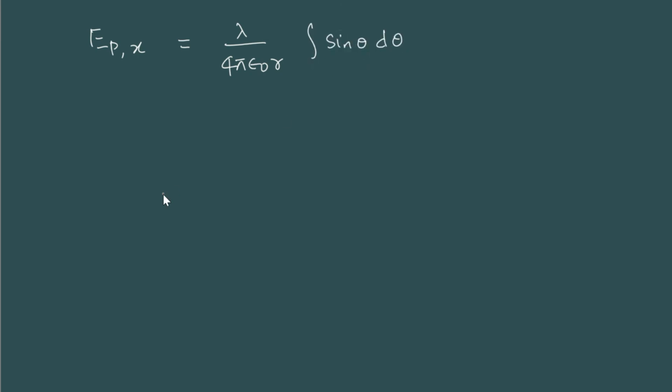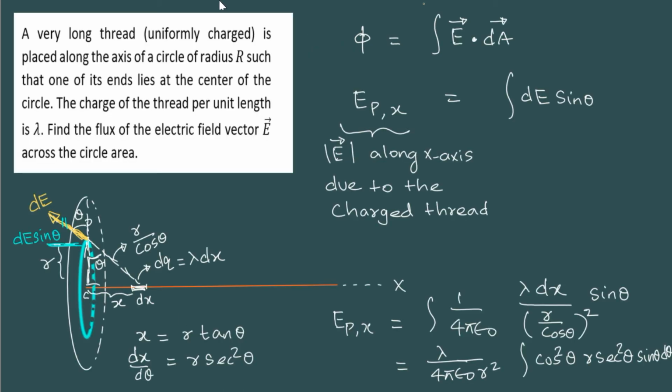So what will be my limits of integration? Let's think about it. My first piece of the thread starts from here, and the last piece is somewhere along the x-axis at infinity. If I take this line as an arrow, this arrow makes an angle 0 with the vertical when I'm considering the first piece of the thread.